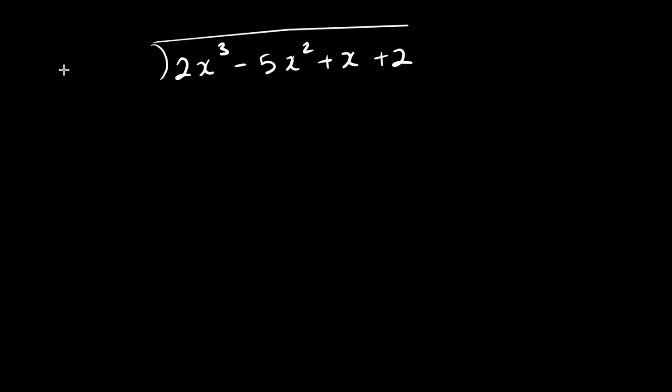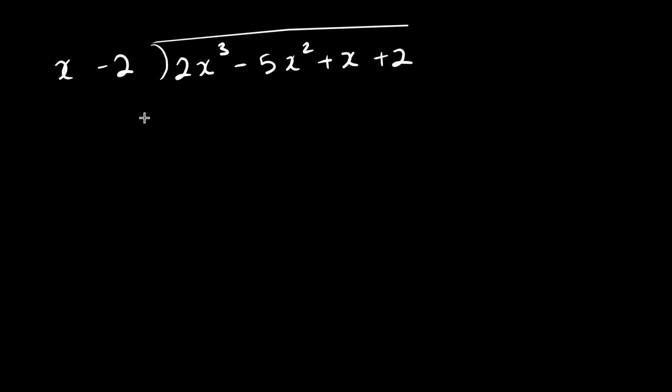Our dividend being 2x cubed minus 5x squared plus x plus 2. And you guys are veterans by now. This process is straightforward for you. So we're going through the motions here, right? We're going to start by dividing through by our leading term in x, which is x here.